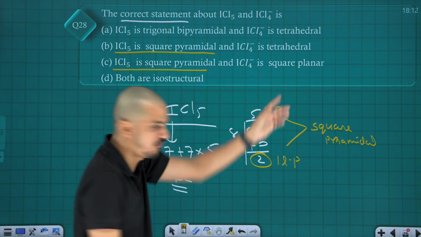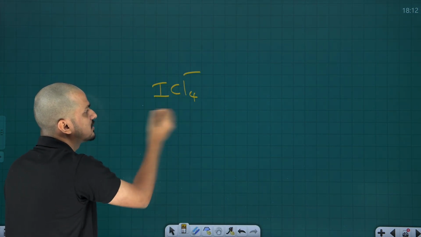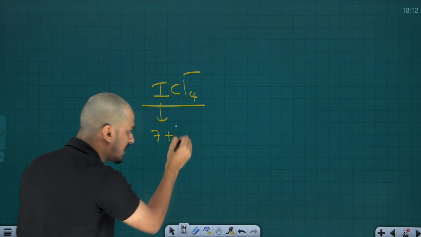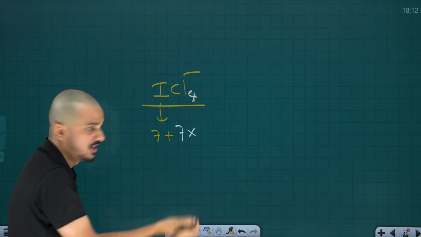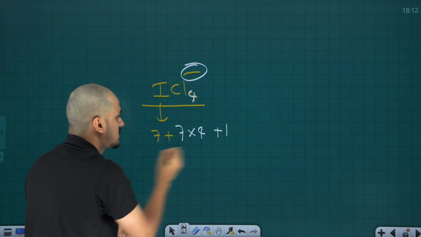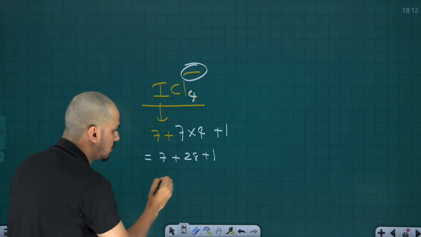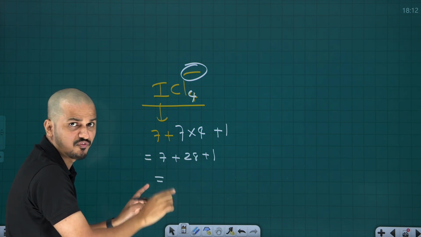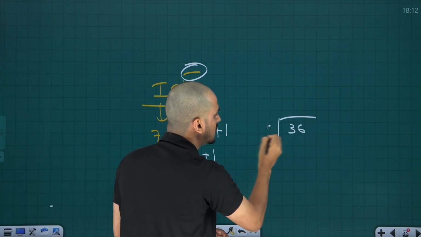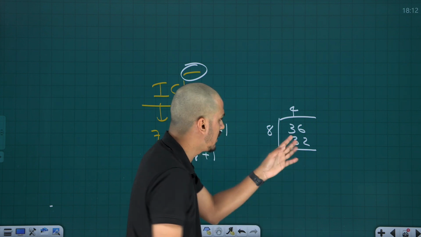And what about ICl4 minus? Iodine valence electron is 7. Chlorine valence electron also 7, but 4 chlorine are there, into 4. Minus 1 means 1 electron they are adding, plus 1. So 7 plus 4 into 7, 28, so 28 plus 7, 35, plus 1, 36. 36 divided by 8, 4 8s are 32.